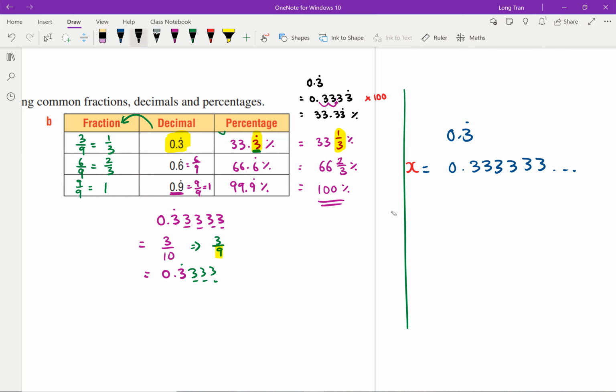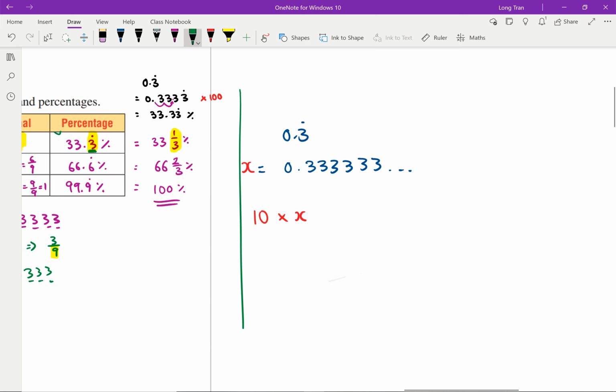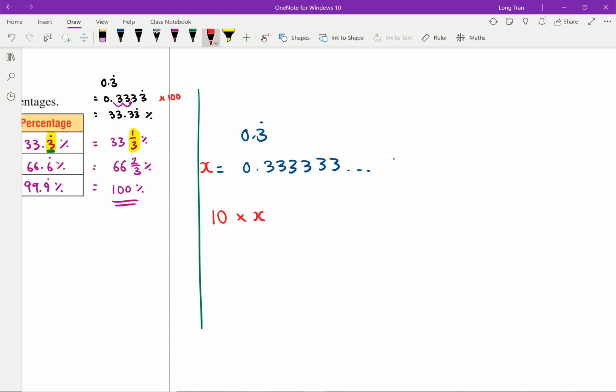So what they've found is a trick, a logical concept. They said, what if I decided to do 10 times x? Meaning, whatever 0.333 is, if I multiply this infinite decimal by 10, what would that equal?